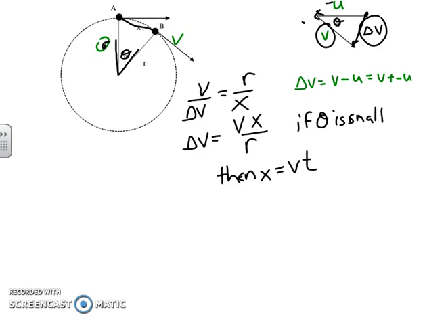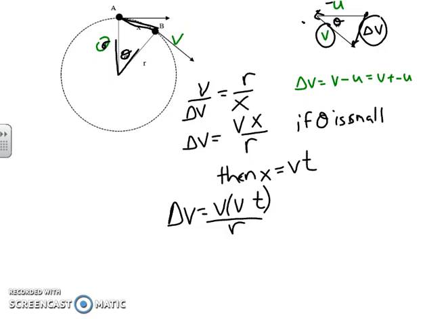Remember, we're moving at a constant speed, so as we go from A to B along this line, and it will be very close to a line when our theta is really, really small, then that distance is vt. So we can substitute it into our equation above, and we can say delta v equals our original v times vt all over r. So there's my substitution in for x.